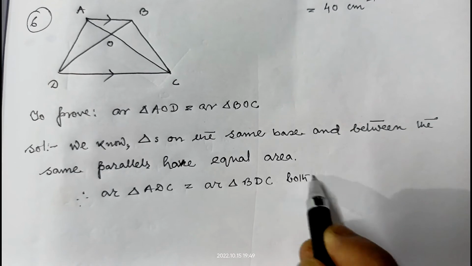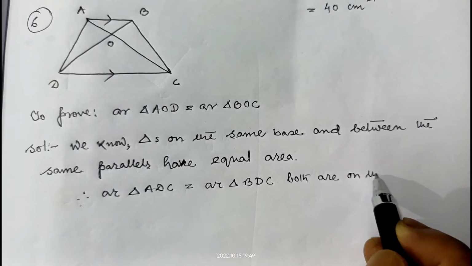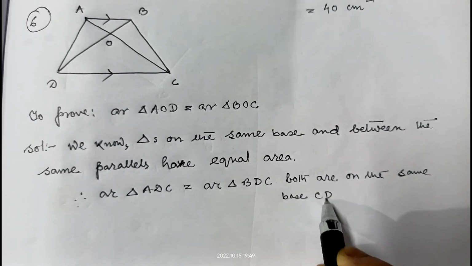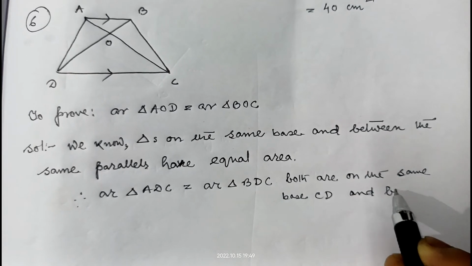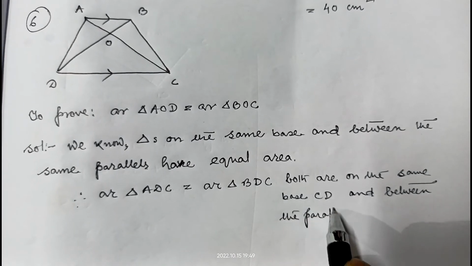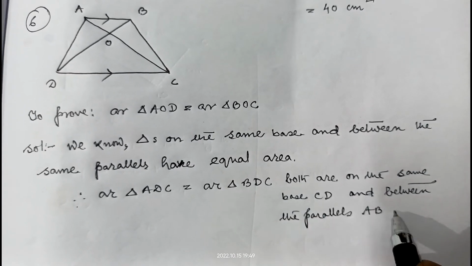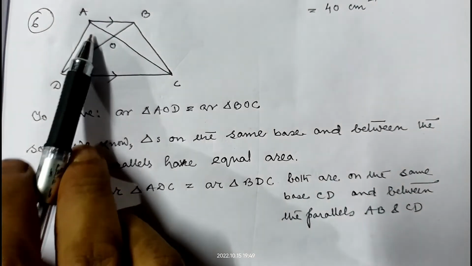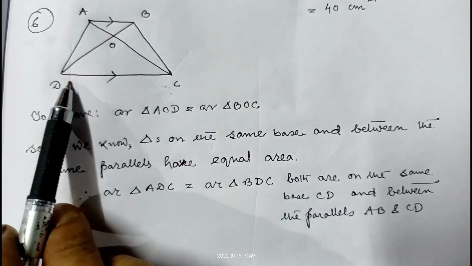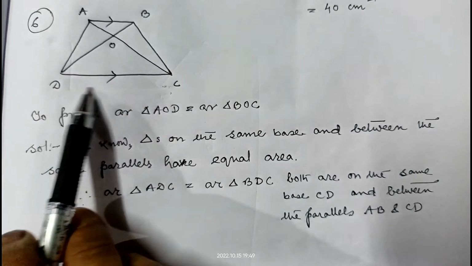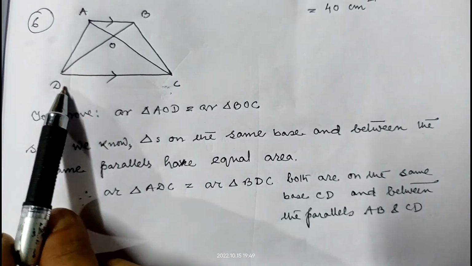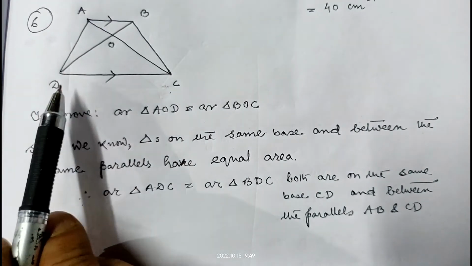Both are on the same base CD, and between the parallels AB and CD. Clear? ADC and BDC, both the triangles are on the same base, that is CD, and between the parallels CD and AB. Therefore area of triangle ADC must be equal to area of triangle BDC.